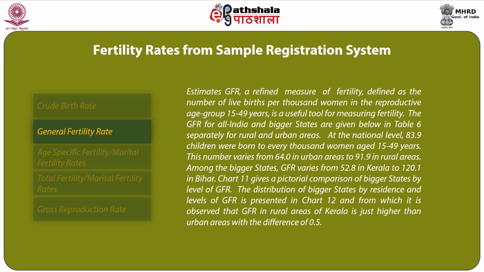The distribution of bigger states by residents and levels of general fertility rate is presented in the chart, from which it is observed that the general fertility rate in rural areas of Kerala is just higher than the urban areas, with a minor difference of 0.5, which clearly reveals that the rural-urban difference in the state of Kerala is not varying that much compared to the other states.